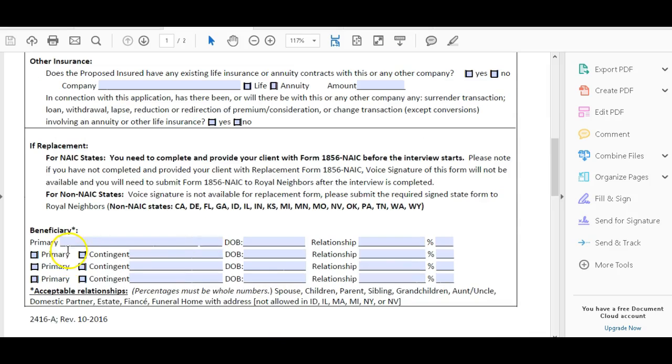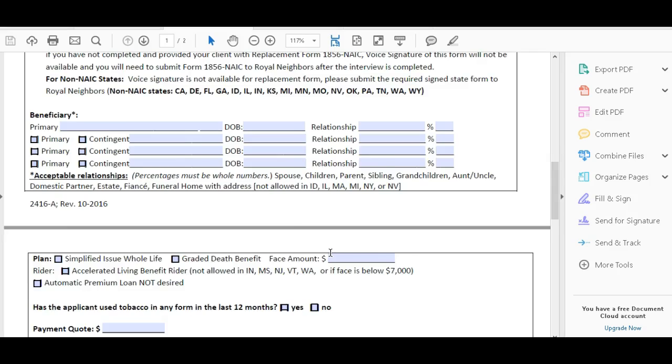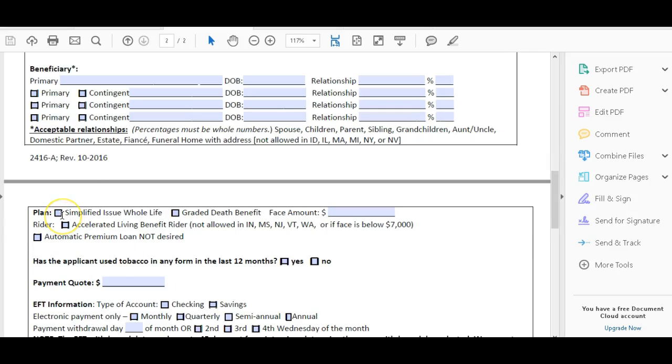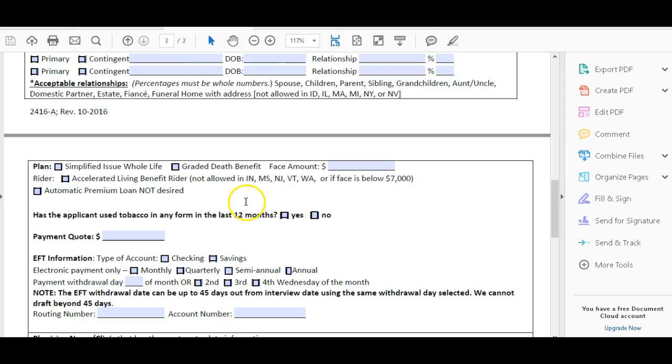All right. Now, the beneficiary. Person's name, date of birth if you have it, relationship, and what percent they're going to receive. Okay. Plan: simplified issue, or if they didn't qualify for this, go graded death benefit, $5,000 in this particular case.